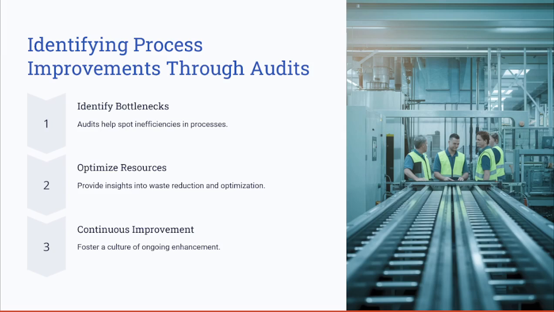By analyzing audit results, project managers can improve the workflows and optimize the resources. Audits can also help you identify the bottlenecks within a process, providing insight, for example, into waste reduction and process optimization. And it also fosters a culture of continuous improvement.